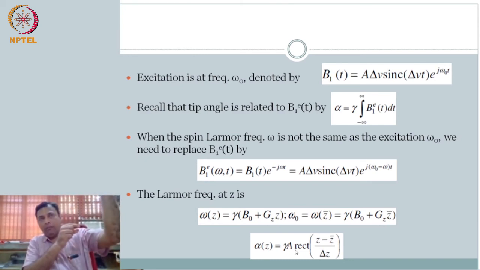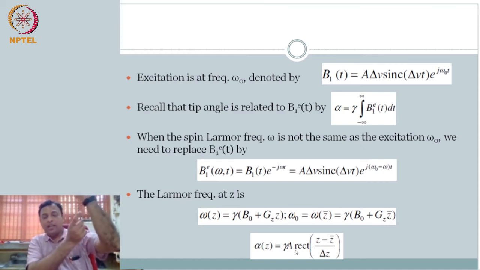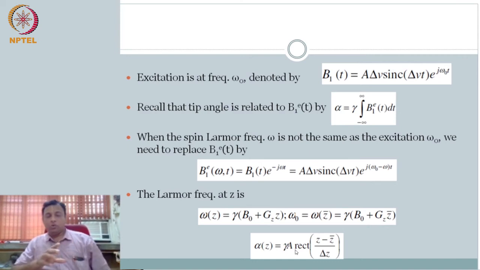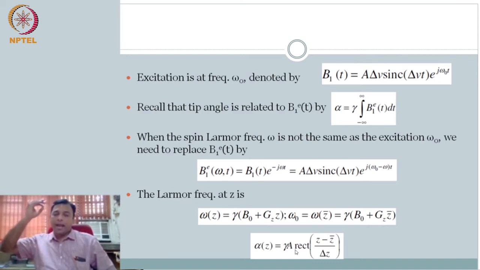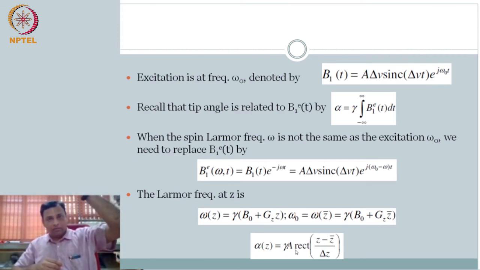You are saying alpha is changing only for Z minus delta Z by 2 to Z plus delta Z by 2, within this hard-limited bandwidth. So essentially this is saying if I apply an ideal excitation which has signal only in a particular bandwidth, then the excitation alpha is also going to be only from there.